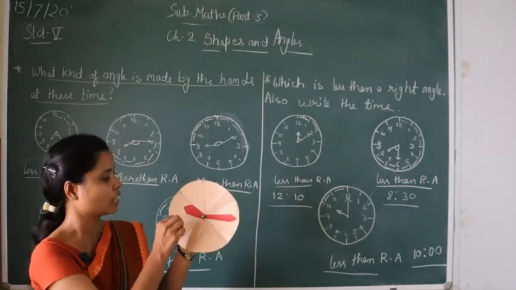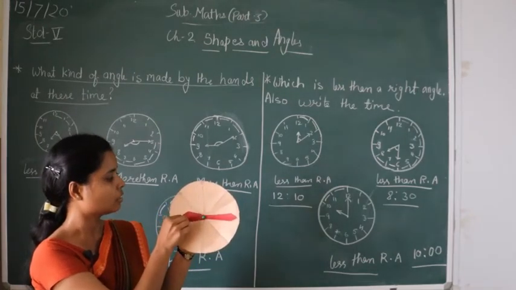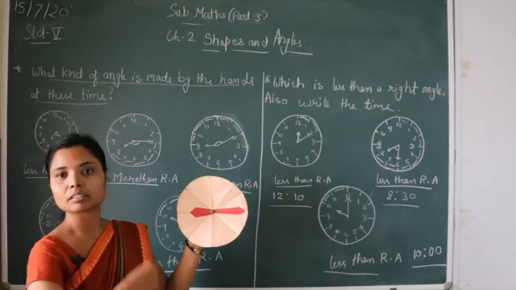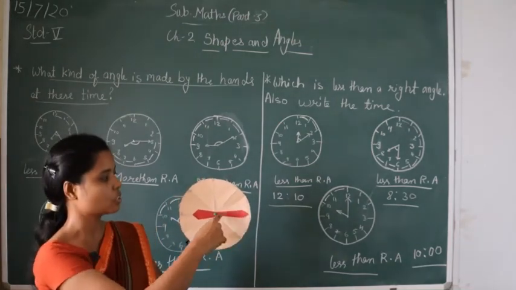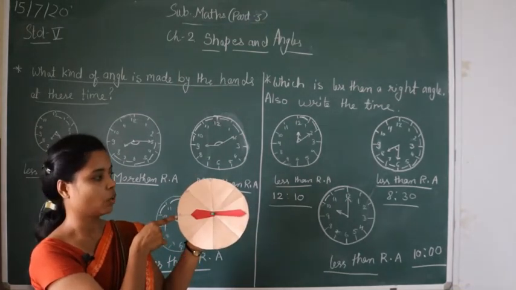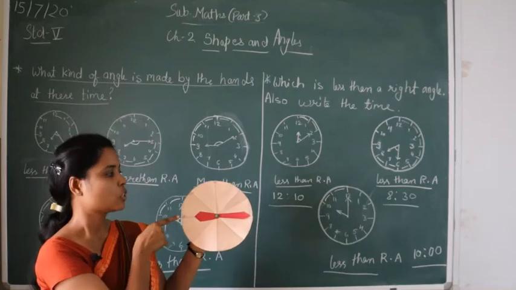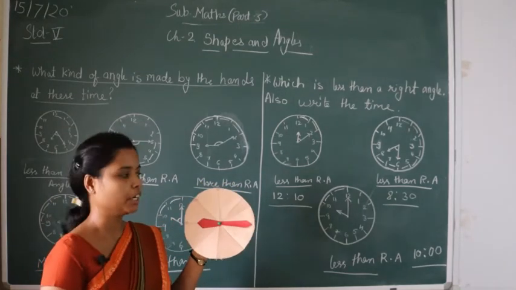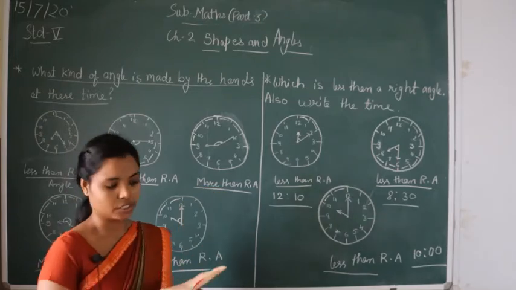I hope you understand. If I push this here and make a straight line, this is called a 180-degree angle. This is an activity you have to try at home and enjoy.